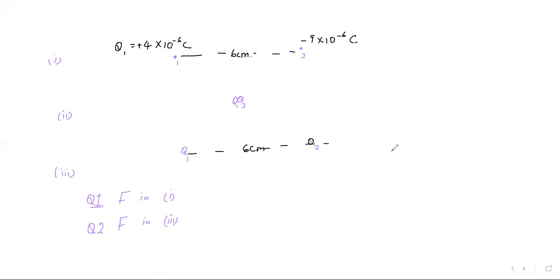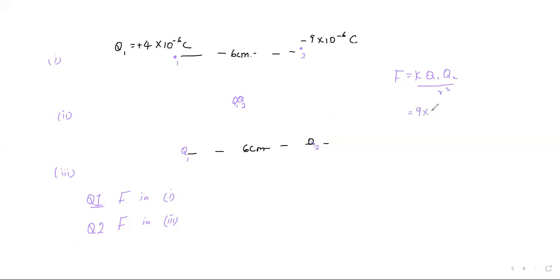For question 1, we know that Coulomb's law says F equals k charge 1 charge 2 over r squared.